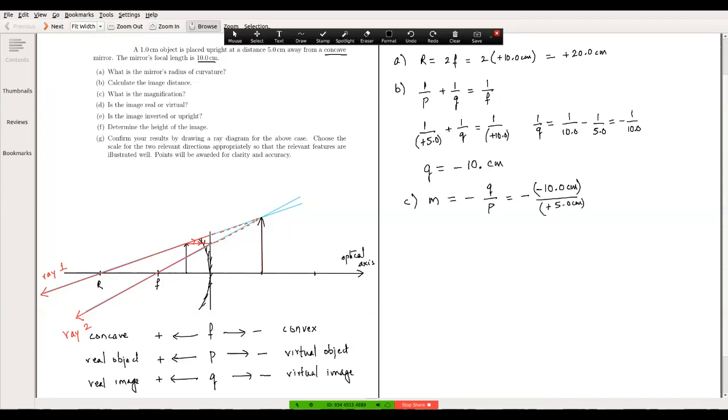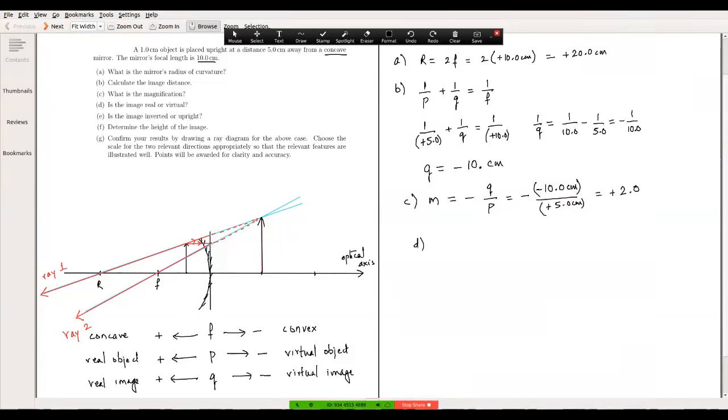Centimeters cancel, and the magnification is plus 2.0 and does not have any dimensions. Plus means it is upright, it is indeed upright, and twice means its size is 2 times the object, which is what roughly the diagram seems to be justifying.